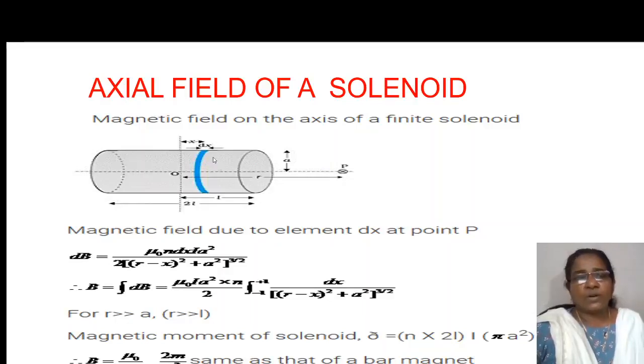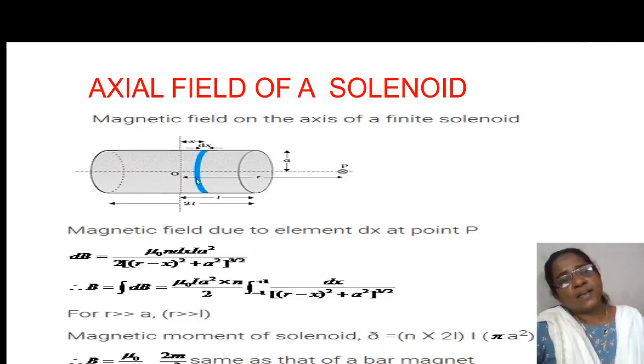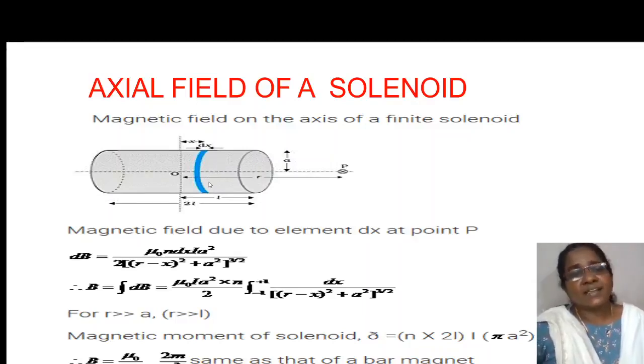Now a section of this is shown of thickness dx and the number of turns per unit length is n. What is number of turns per unit length? The number of turns present in 1 meter length. If it is 1 meter, the number of turns here will be denoted as small n. That is known as number of turns per unit length.